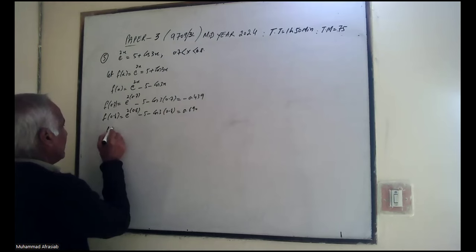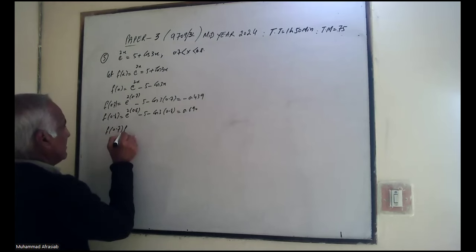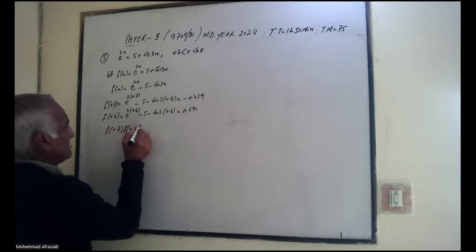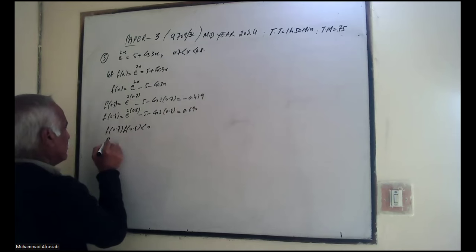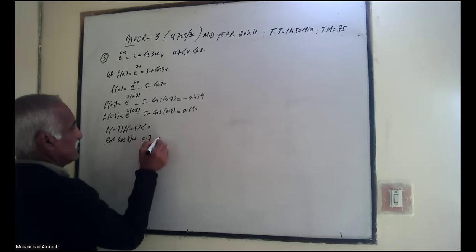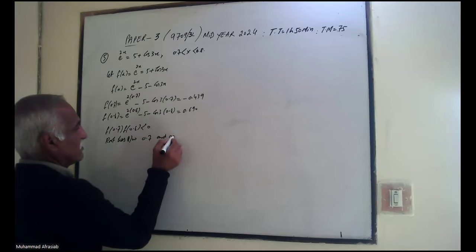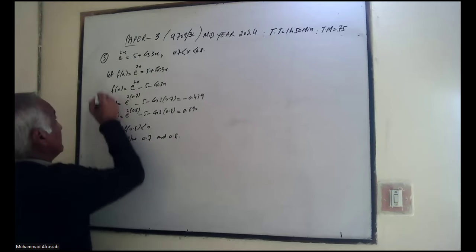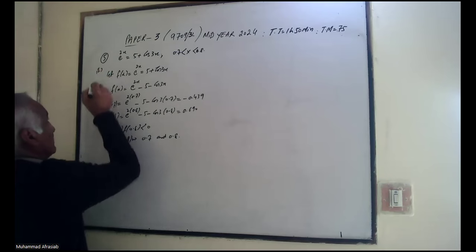Since f of 0.7 into f of 0.8 is less than 0, we say that the root lies between 0.7 and 0.8. This is the first part of this question.